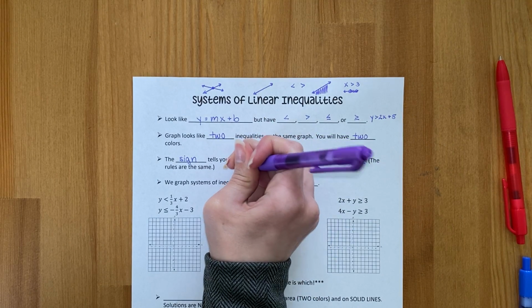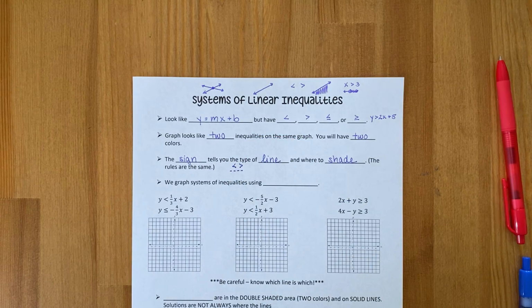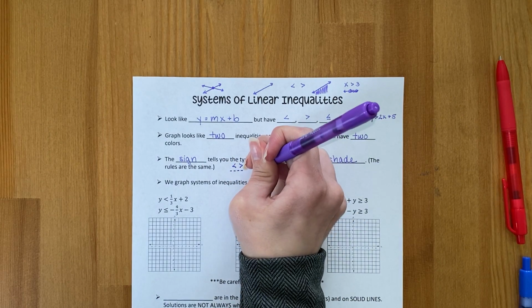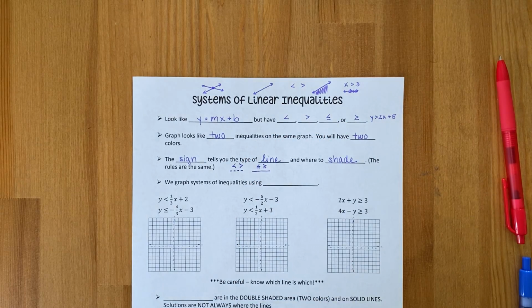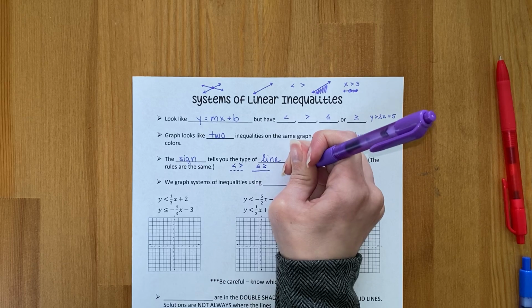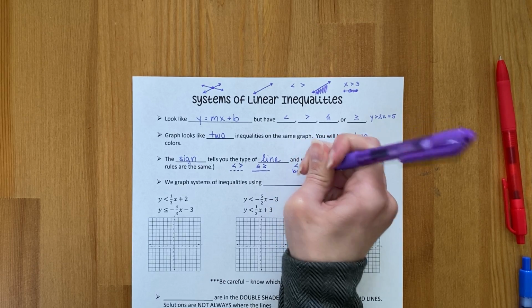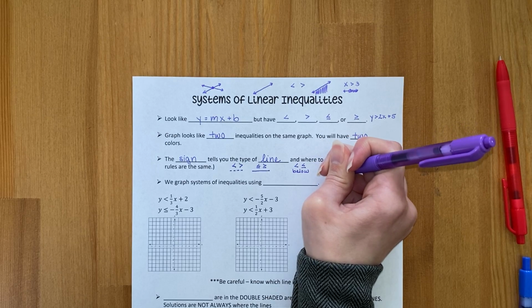But just as a quick refresher, these two symbols tell you that you're going to need a dotted line. These two symbols tell you that you need to draw a solid line. Either of your less than options tell you that you're going to shade below, and either of your greater than options are going to tell you that you need to shade above your line.